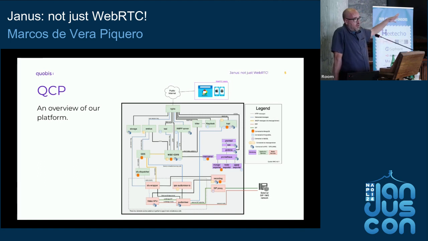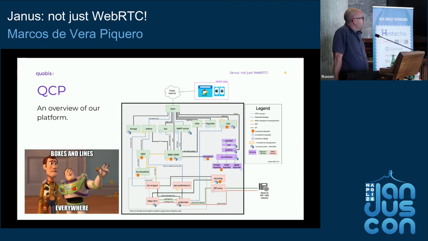This is how our product looks like, with lots of boxes and lines like everyone likes to have. We have the ingress part, the engines, and a lot of microservices that are mainly written in Node.js.